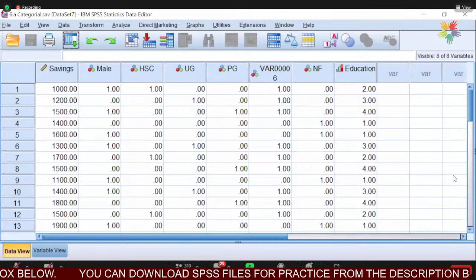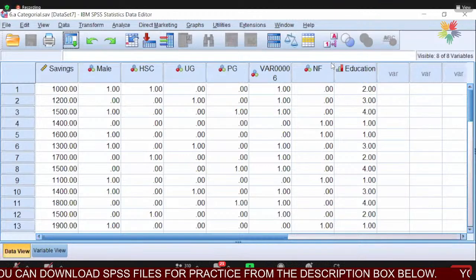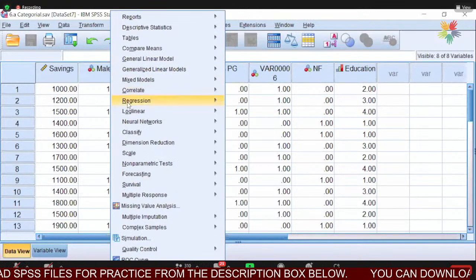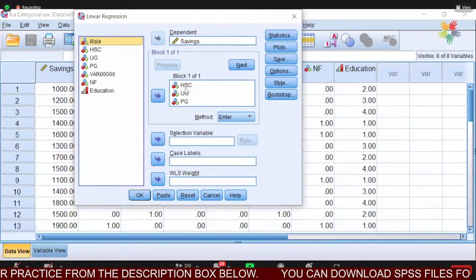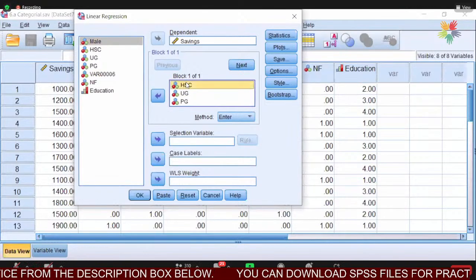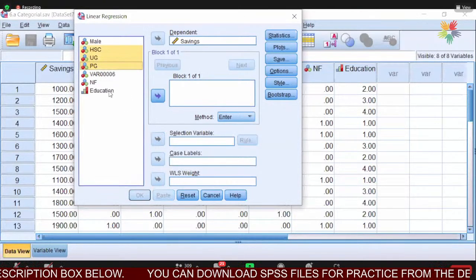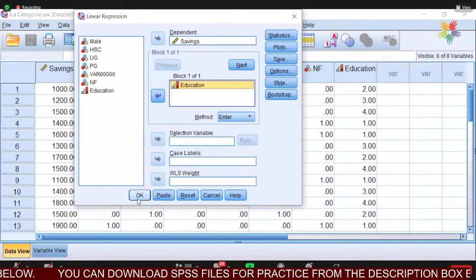Now, if you take the categorical variable as it is, I have one categorical variable, education, and earlier I created dummies based on education.